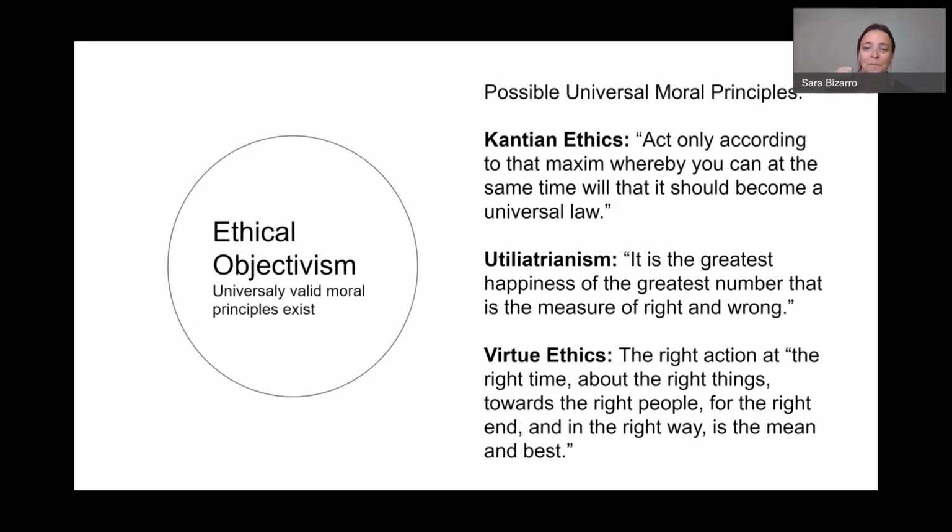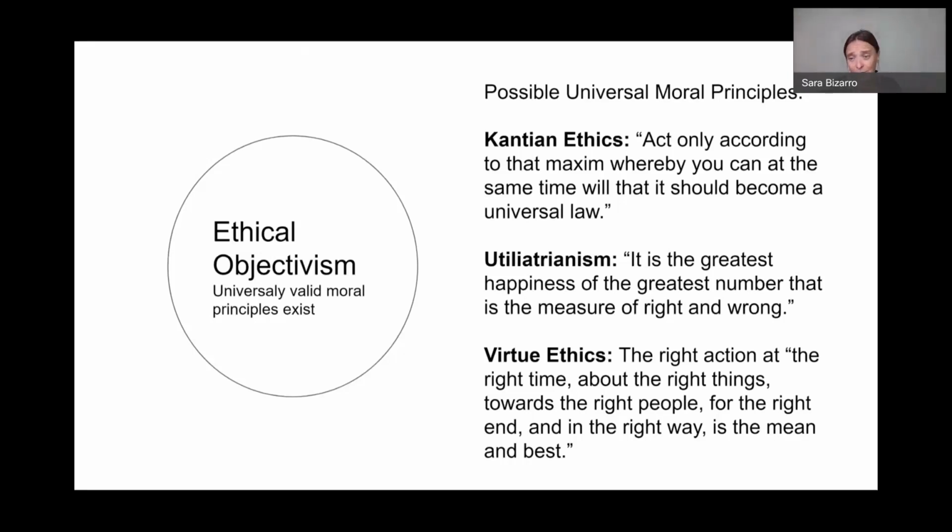So he says something like, the right action is done at the right time, about the right things, towards the right people, for the right end, and in the right way. And typically it's the mean between two extremes. Now, again, we're going to come back to all these things. I just wanted to give you some examples of what universal principles look like and what objectivism can look like in ethics. And that's what we will study.